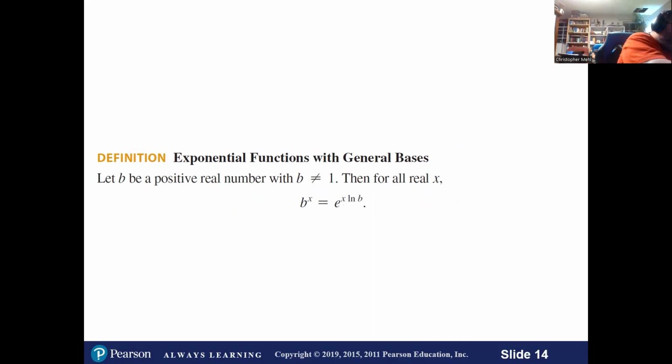Almost done here. Change of base formula is next. The change of base formula just allows you to write any exponential base in terms of that number e. So if b is a positive real number not equal to 1, then for all real x, b to the x can be written as e to the x natural log of b.